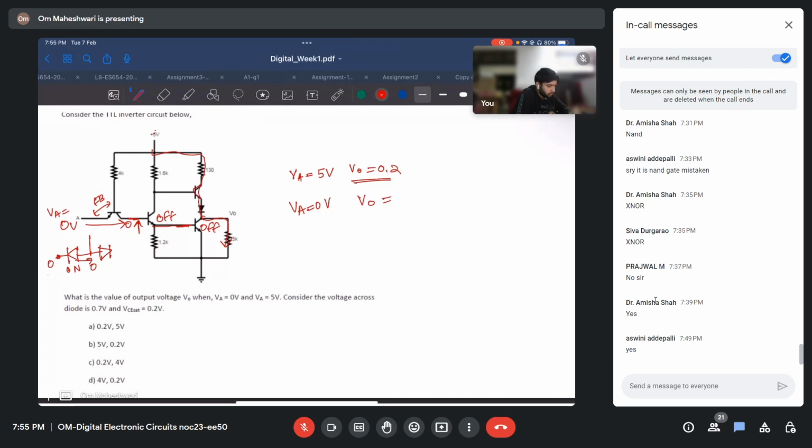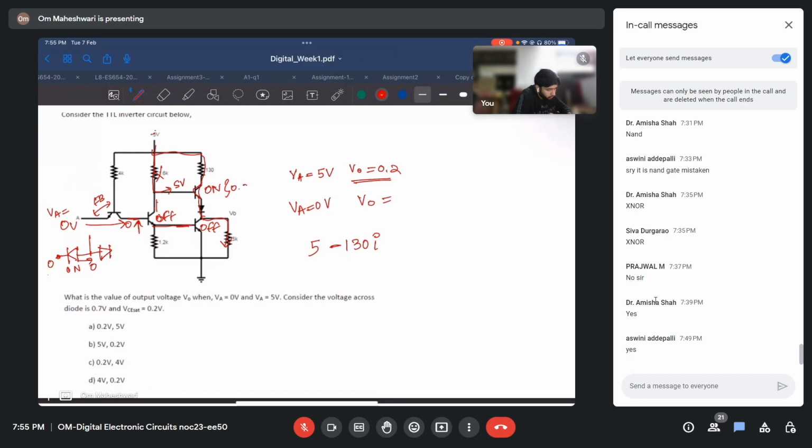So let me write KCL: 5 minus 130I, plus, let's say this transistor is off. When this transistor is off, this whole 5 volt will come here, since no current will be flowing through here. So this transistor will be on.